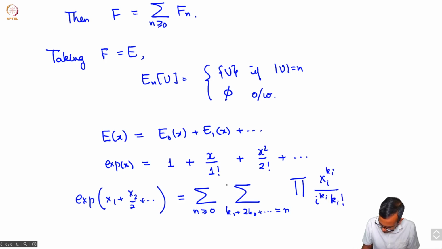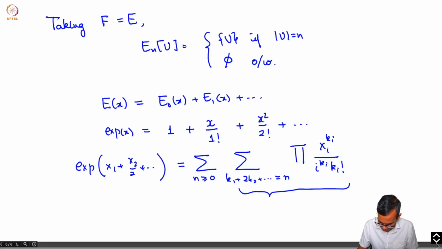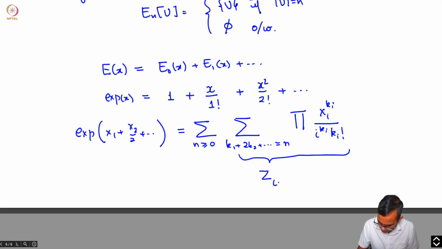So the summand corresponding to each value of n is the cycle index generating series for En. So this is Z En x1 x2, and this is of course Z E x1 x2.